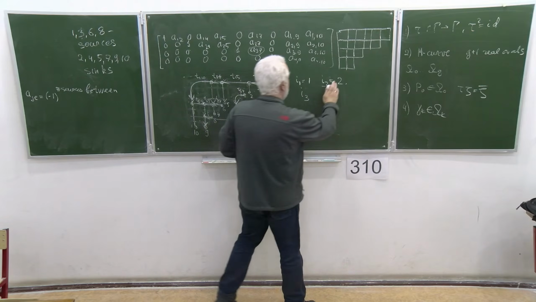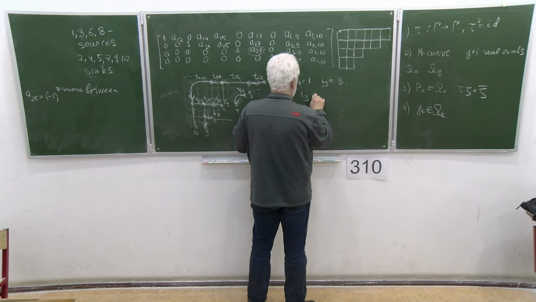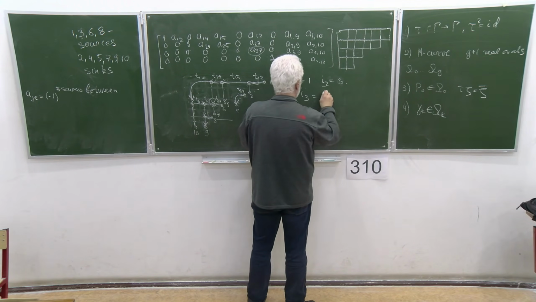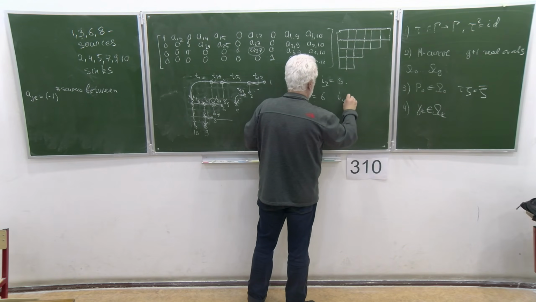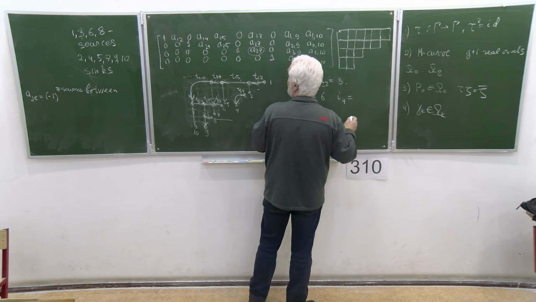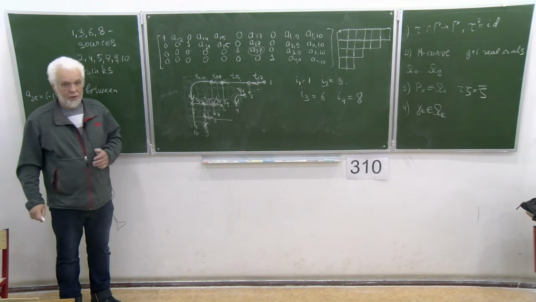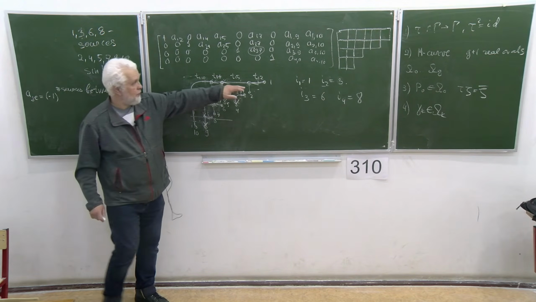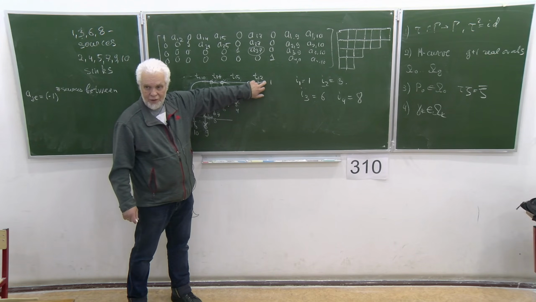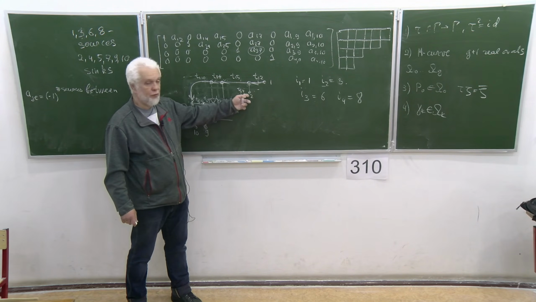I2 is 3, I3 is 6, I4 is 8. You understand? I1 is the number of the source in the first line. I2 is the number of the source in the second line.